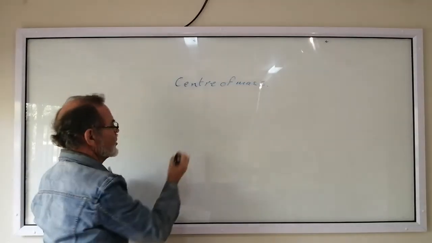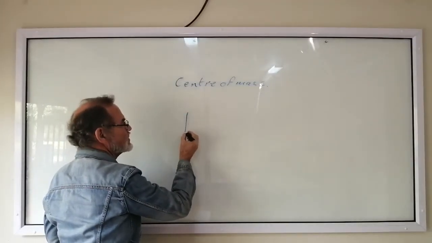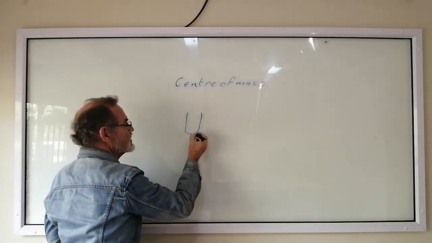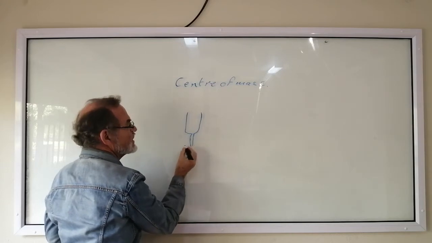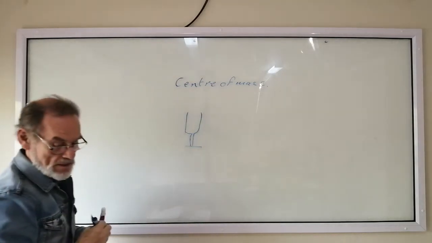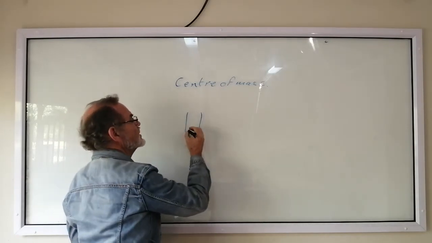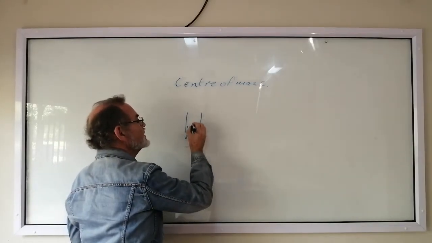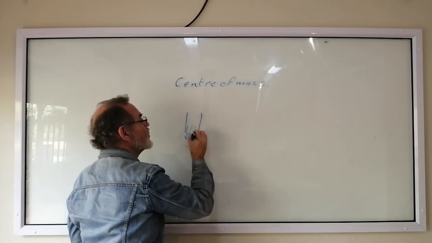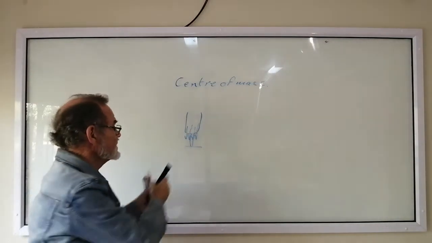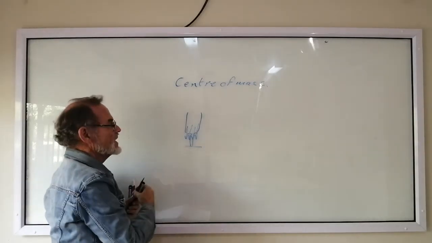So if you have a glass of water standing here, something like that, okay, with a base like that, the weight of the glass is pushing down equally all over onto the base, because the glass is standing upright.